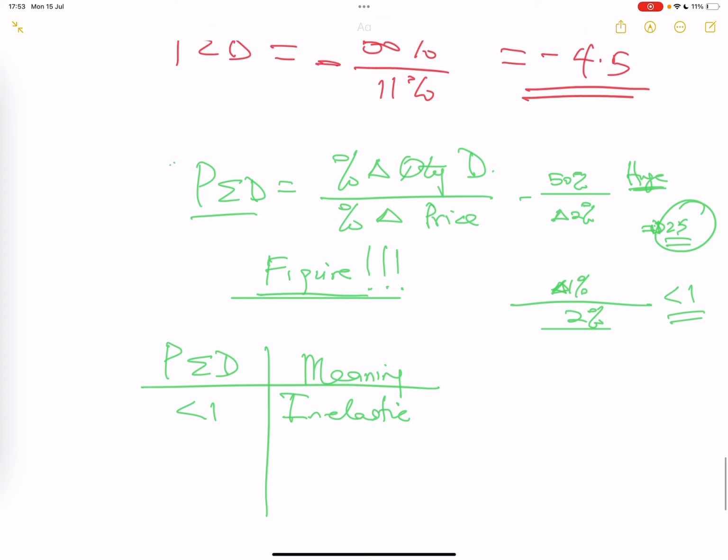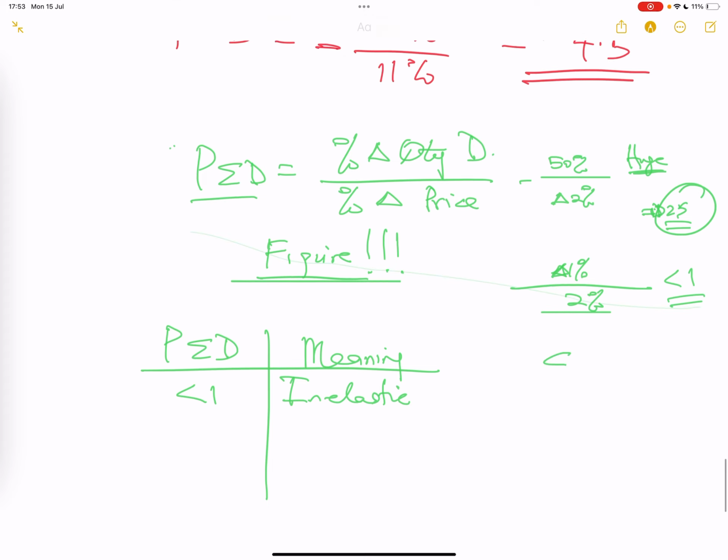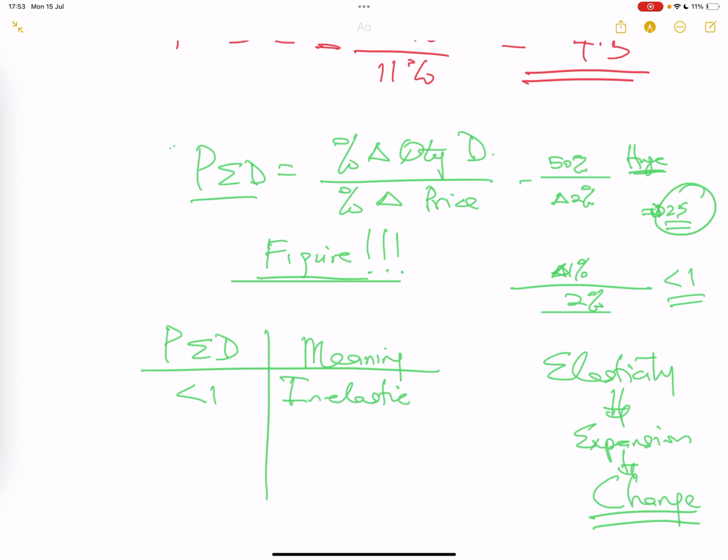So elasticity is a change itself. That's another way to understand the word elasticity. It's the same thing as expansion. It's the same thing as the word change. How much can it change?